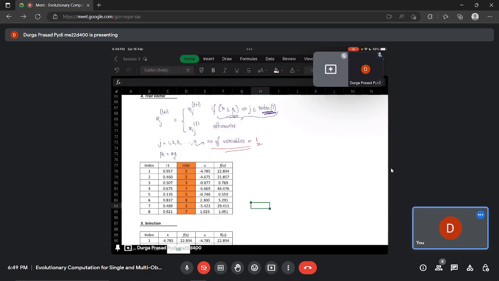You generate a value of u depending on whether the probability of choosing this is less than or equal to the chosen probability.